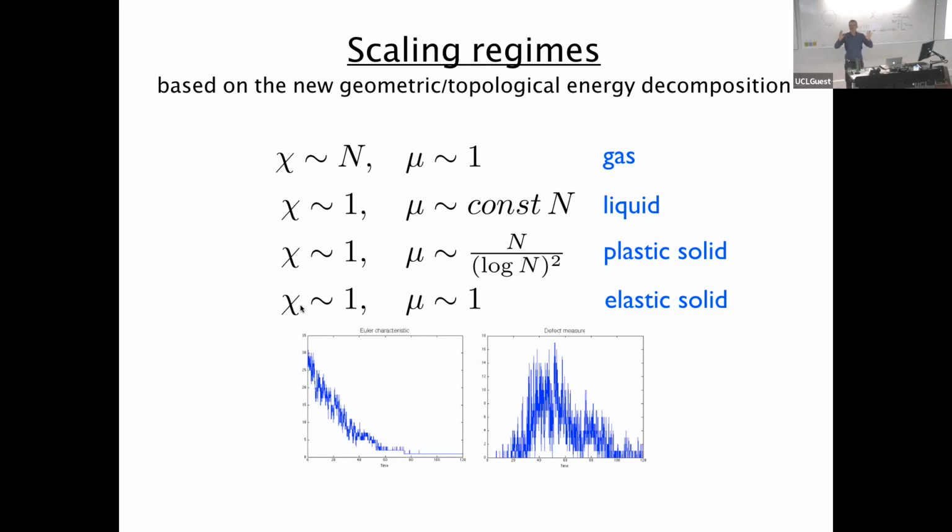The message is just that this decomposition of energies into Euler characteristic, defect measure, and perimeter is useful to get a qualitative picture of what kind of state of matter you have, and how it connects to classifications in the physics literature would be a subject for research, like with the hexatic.